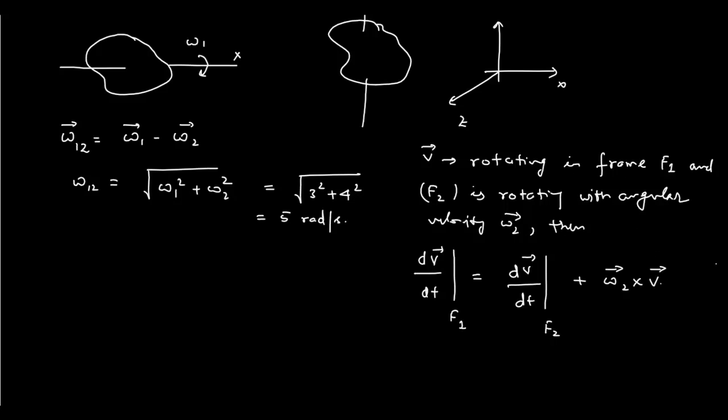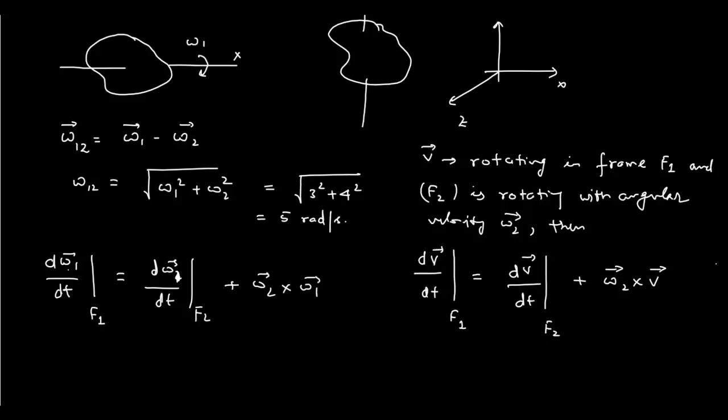Now here we are taking this vector of frame 1 as the angular velocity vector. So from here we can write d omega 1 by dt in frame f1 is equal to d omega 1 by dt with respect to frame f2 plus omega 2 cross omega 1.